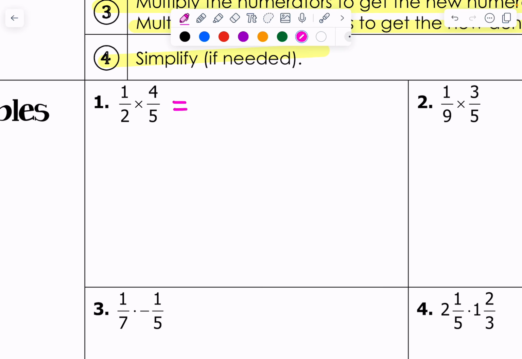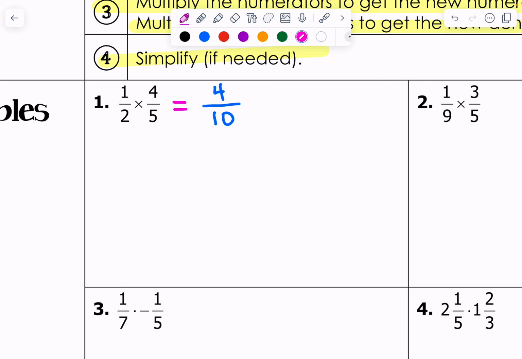I want to multiply our numerators together, 4 times 1. Then multiply our denominators together, 2 times 5. Okay, and we need to ask ourselves, is this simplified?